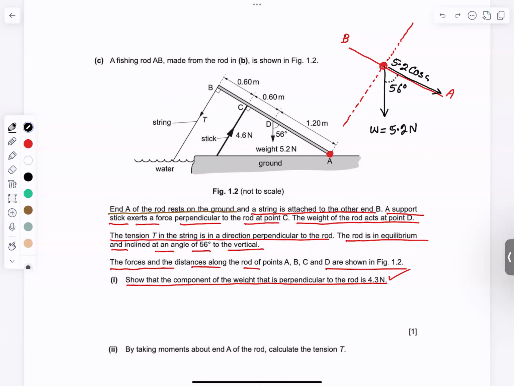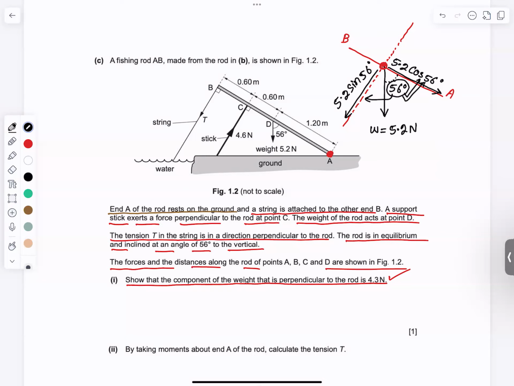And the component of the weight that is perpendicular to the rod is 5.2 sine of 56 degrees. The component that is with the angle is cos. The component on the opposite side of the angle will be sine.